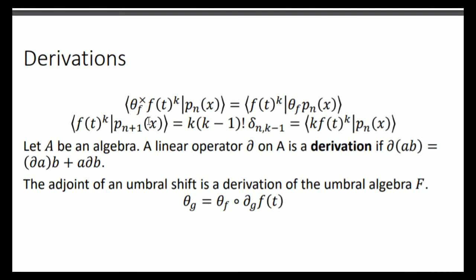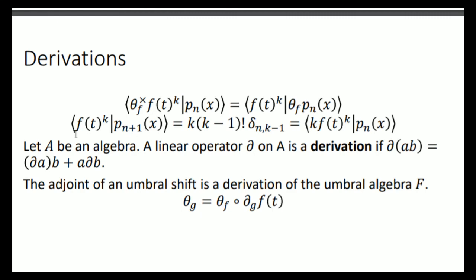Some properties apply. For example, the derivation. If you apply the adjoint operator to an Umbral shift theta, with the adjoint properties that are very common in quantum physics, you can put this one over here, and you get the Umbral shift over there.